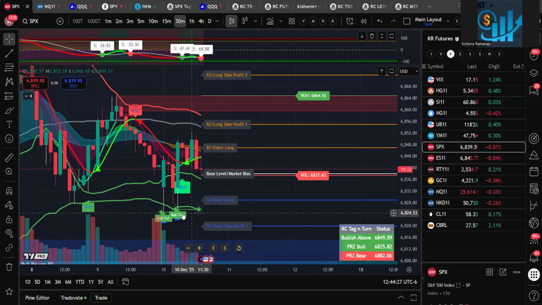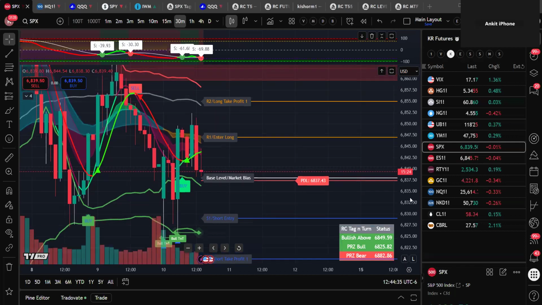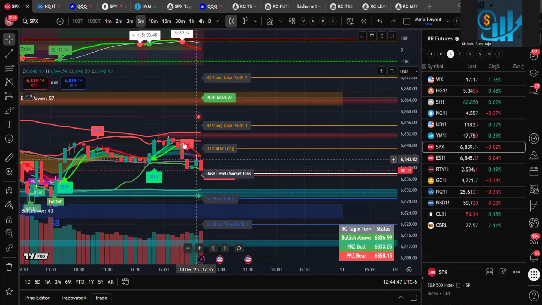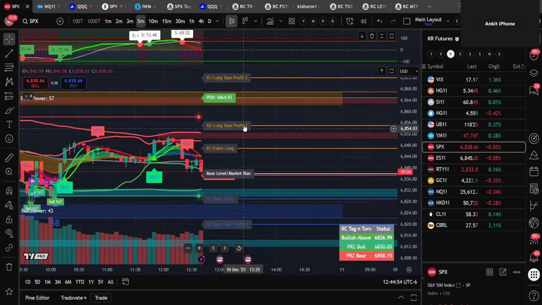So now it might come down one more time, and then during the press conference, we may see a bounce. There are two chances. So before 1 p.m. itself, if it comes all the way to the bottom, then at 1 p.m. we'll see a bounce.